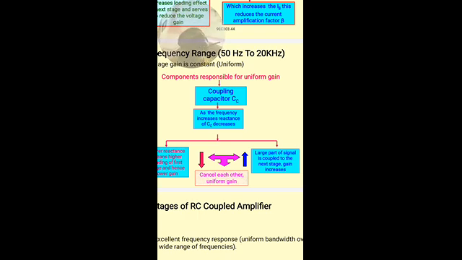But when the reactance decreases, at the same time the loading effect of the second stage base resistance comes in parallel with the first stage collector resistor RC, so the loading effect will reduce the gain. So two simultaneous things happen because of the decrease in the reactance of the coupling capacitor.